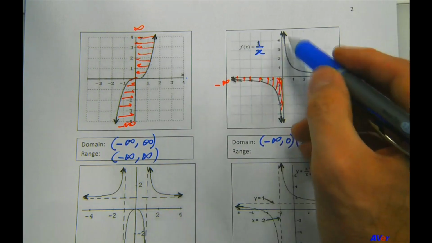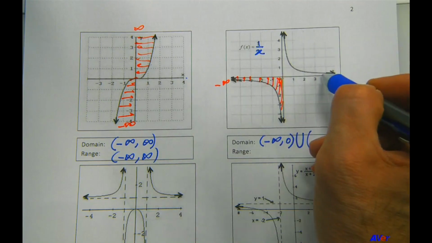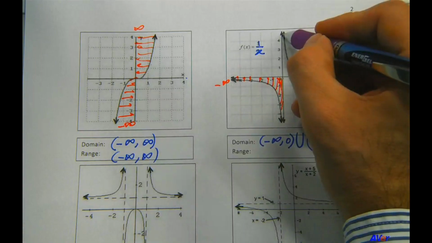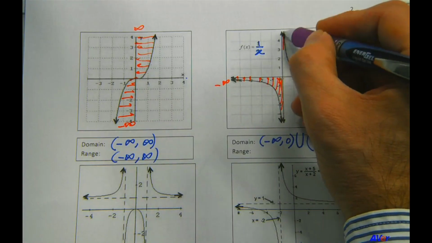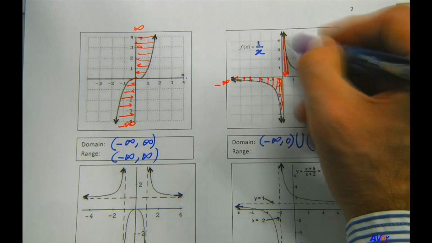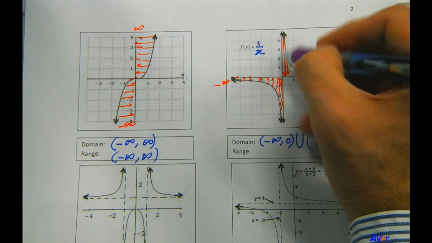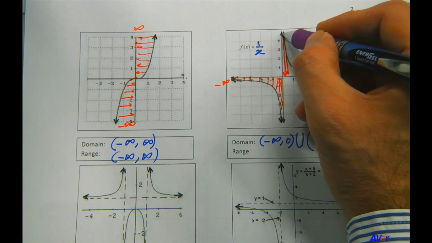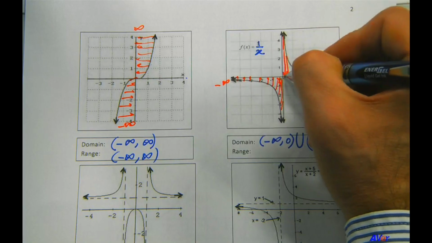Where does that line begin and end with respect to the x-axis? On this side, where does this end approach with respect to the x-axis? We are near 0.